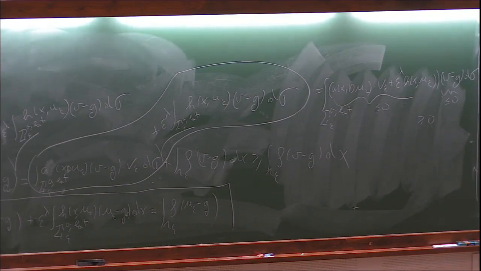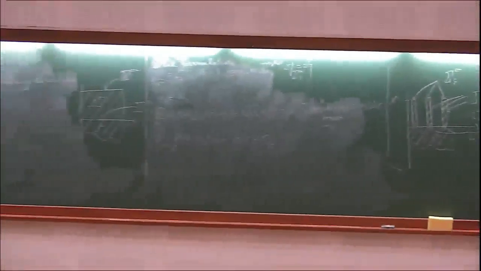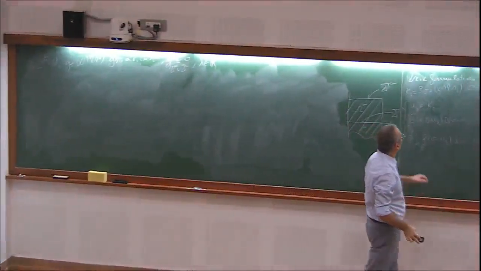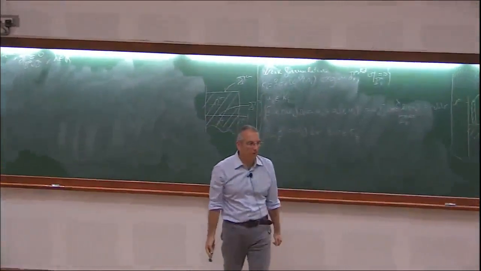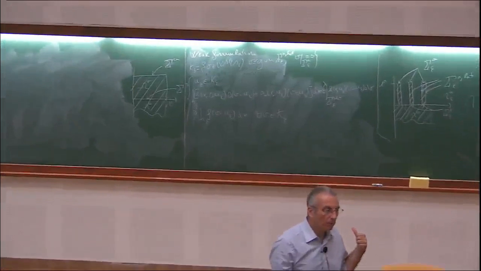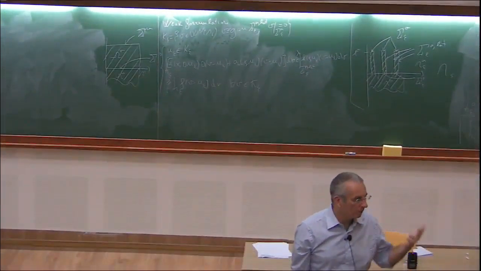Then in the sequel, we can forget this problem completely. We work only with the weak formulation, but we have to prove that this problem admits a solution. The solution is unique, and then we can pass to the limit.